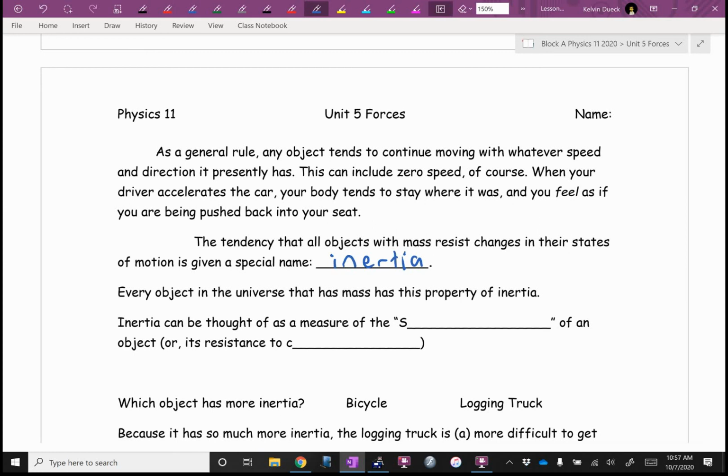You can sort of think of inertia as the measure of the stubbornness of an object or its resistance to change. As an example, Earth has a lot of inertia. So when I jump and land on the Earth, I don't change its motion state very much. A ping pong ball doesn't have much inertia at all. And so I'm able to easily change its motion state by applying just a very small force.